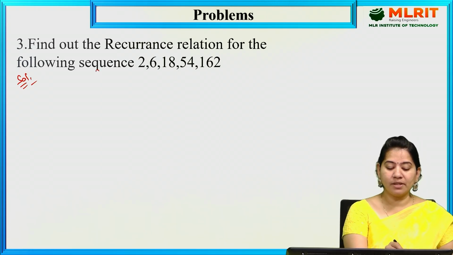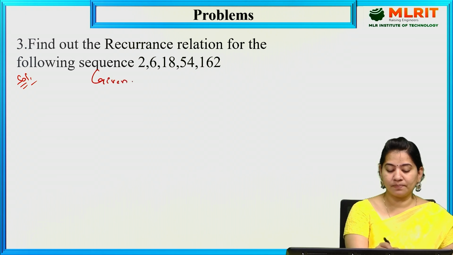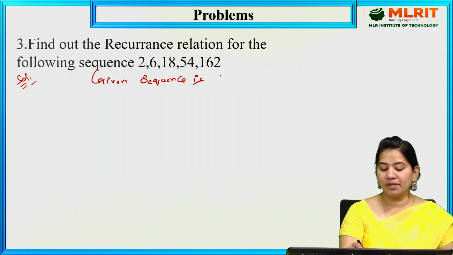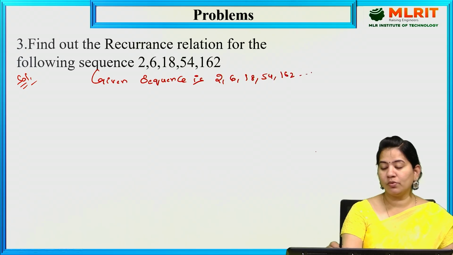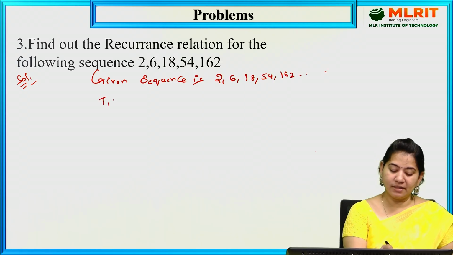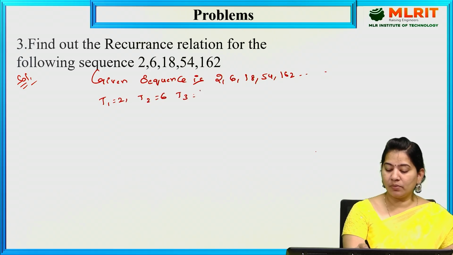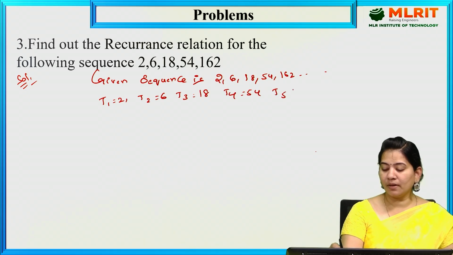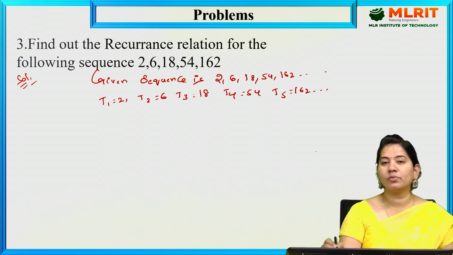The given sequence is 2, 6, 18, 54, 162, and so on. Let us consider these as T1 is equal to 2, T2 is equal to 6, T3 is equal to 18, T4 is equal to 54, T5 is equal to 162.